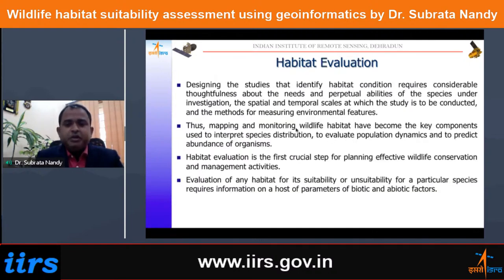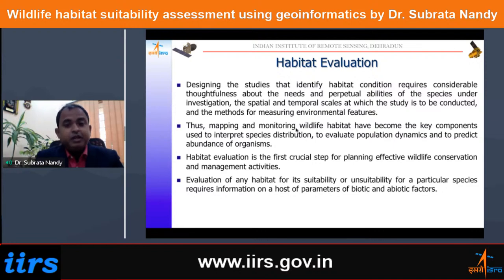Now, coming to habitat evaluation, why do you want to do habitat evaluation at all? The design of studies that identify habitat condition requires considerable understanding of the needs and perceptual ability of the species, the spatial and temporal scales at which the study is to be conducted, and methods of measuring the environmental features.